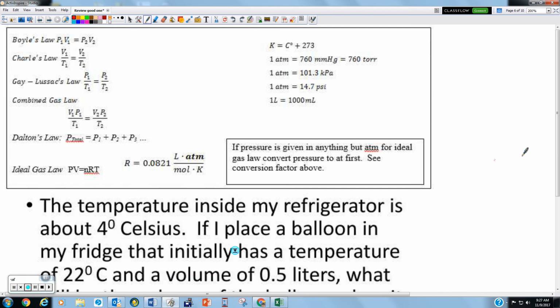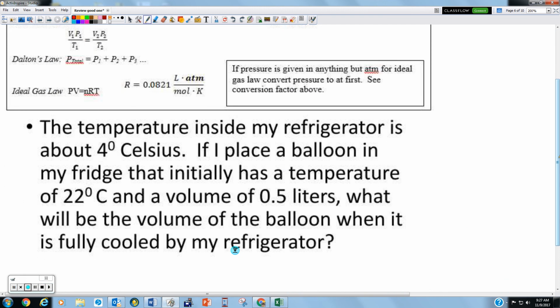All right. So let's look at this next one. And again, we're just trying to identify which one it is. I'm not really worried about the answer right now. The temperature inside my refrigerator is about 4 degrees Celsius. If I place a balloon in my fridge that initially has a temperature of 22 degrees, I'm going to call this T1 and this T2, because we are going to lower the temperature from 22 to 4.